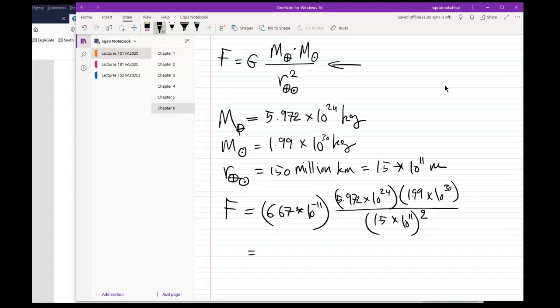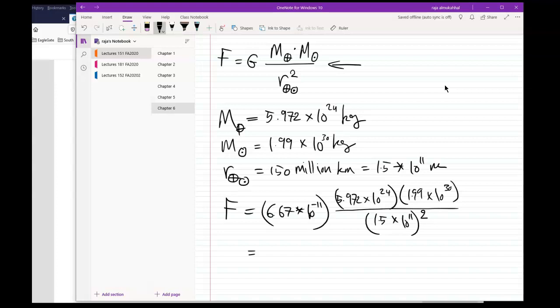Please stop the video and use your calculator. Students make a lot of mistakes when it comes to scientific notation. As you can see, all of these are scientific notation. Please stop the video and calculate that by yourself. Teach yourself how to do it, and make sure that you get the answer.